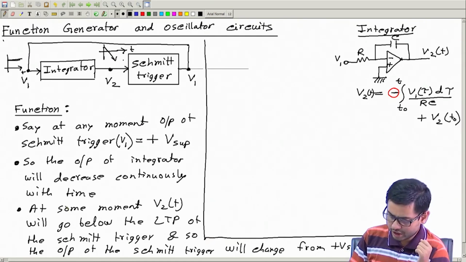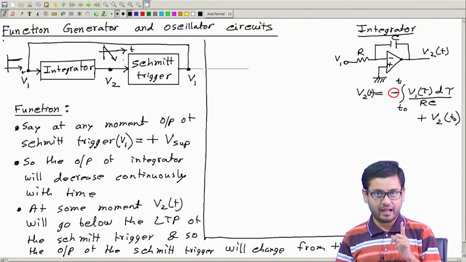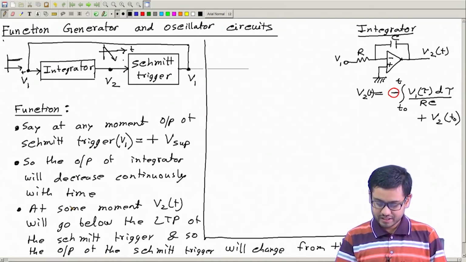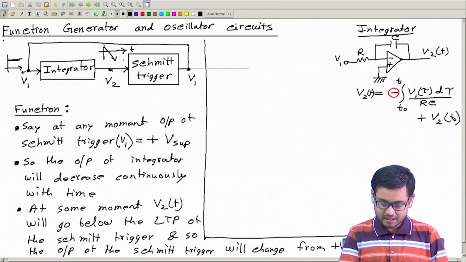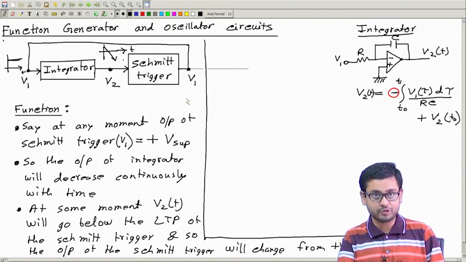Okay. Now I have made an assumption implicitly that when this voltage goes down and crosses the lower trigger point, the output of the Smith trigger also changes from positive to negative. So, it also goes down.